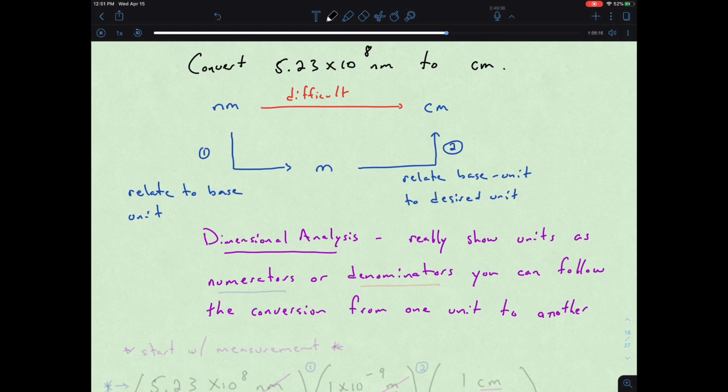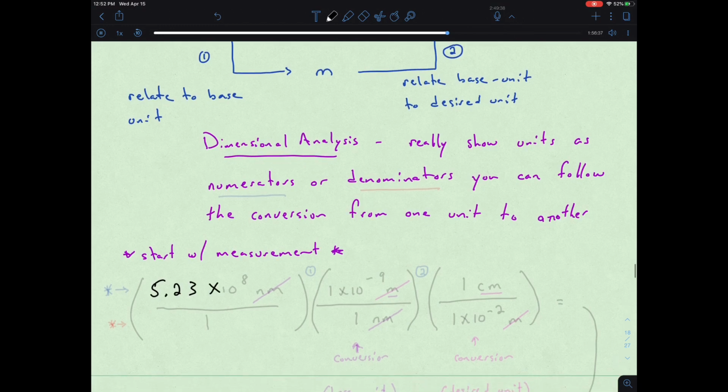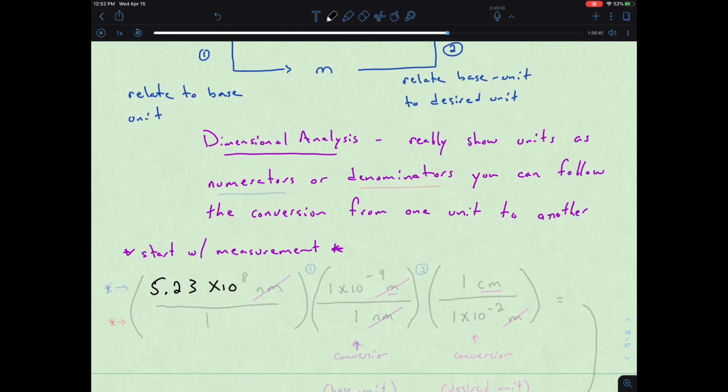And so the first place that we want to begin with here is to start with the measurement. And our measurement from above was 5.23 times 10 to the 8th nanometers. And notice that I'm really showing the numerator and the denominator as far as that goes.